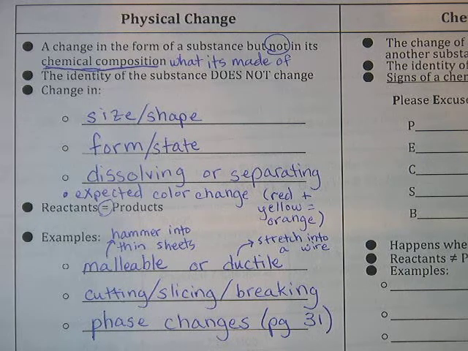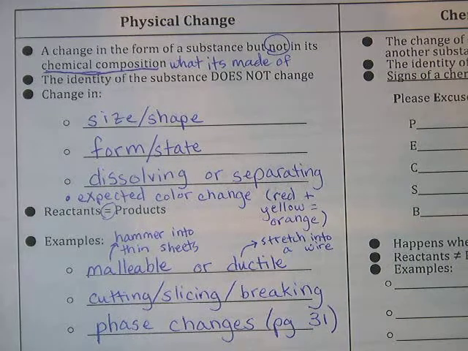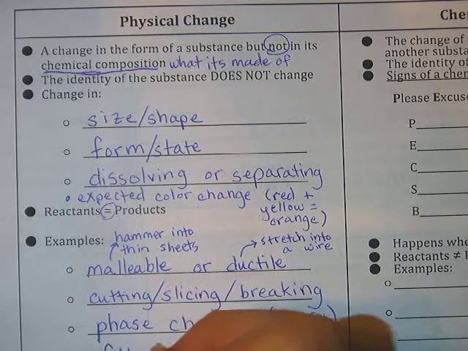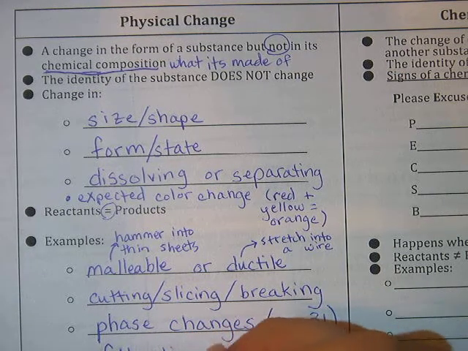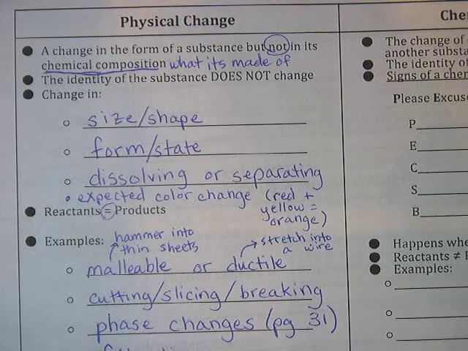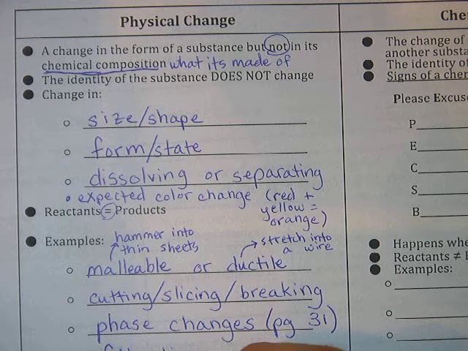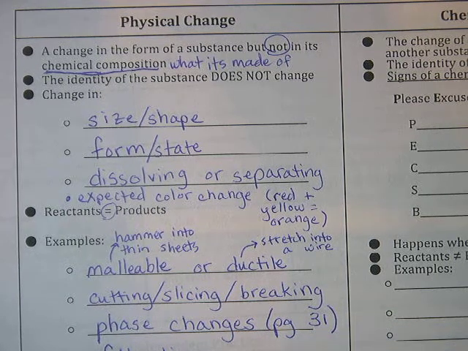And then, of course, talking about dissolving or separating. Dissolving, you know what dissolving is, but an example of separating would be filtration. That's a way to separate stuff, and also something called distillation. That's another way we can separate stuff.